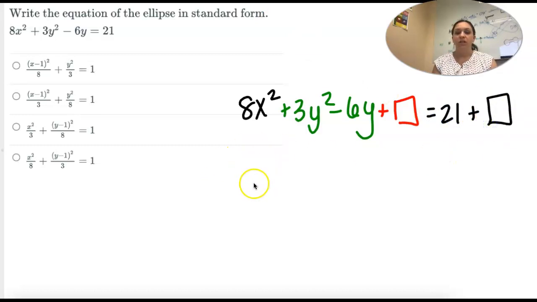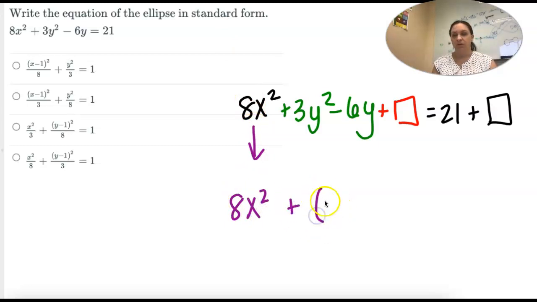In our equation, it'll be y minus some value. So the 8x squared stays, but then let's complete the square with y's. So first, I just want y squared. We're ignoring the x. I know it's 8x squared, we're going to divide later. But we have to get rid of this 3 next to the y.